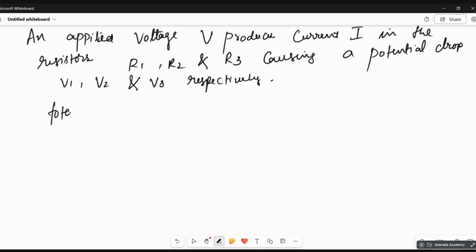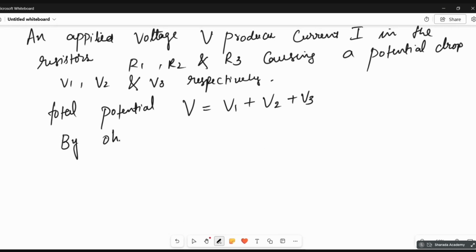Then total potential V is equal to V1 plus V2 plus V3. Okay. Next, by Ohm's law. Ohm's law. V1 is equal to I into R1. V2 is equal to I into R2.